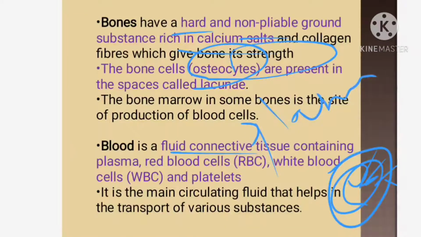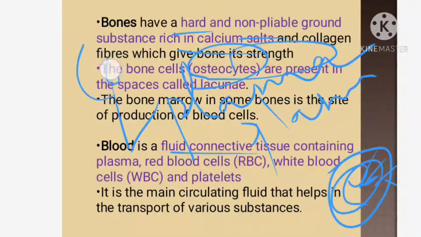So blood can be divided into the fluid main part, the plasma, and the cellular part, which means the blood also contains cells. The cellular part we call corpuscles. What are the three different types of corpuscles? Red blood cells, white blood cells and platelets. Otherwise we call them erythrocytes, leukocytes and thrombocytes.